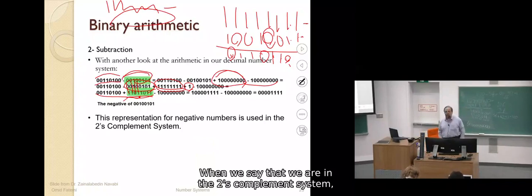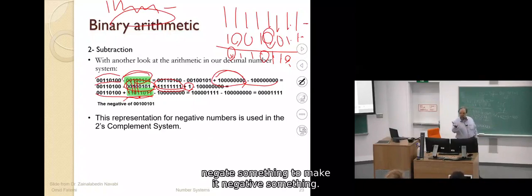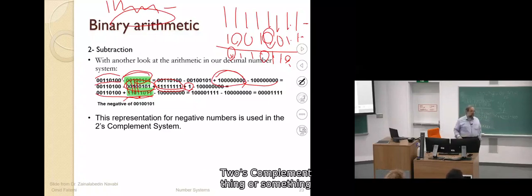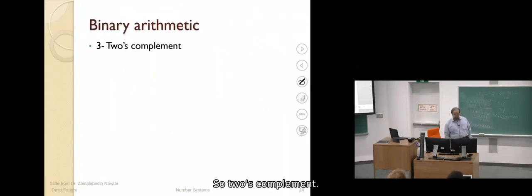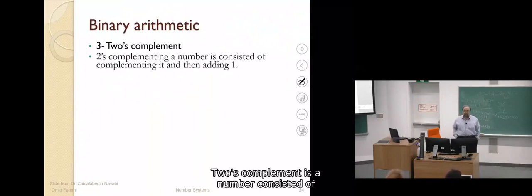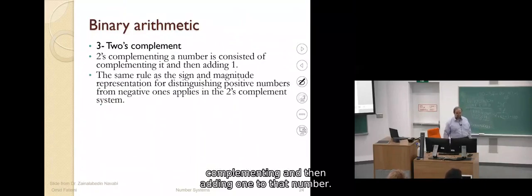When we say that we are in the 2's complement system, it means that to negate something, to make it negative, you 2's complement it. 2's complementing of something is actually negating that. So 2's complement is a number obtained by complementing and then adding 1 to that number.